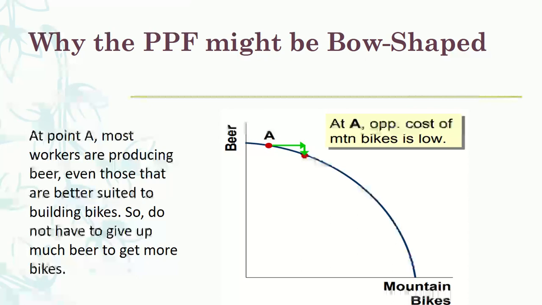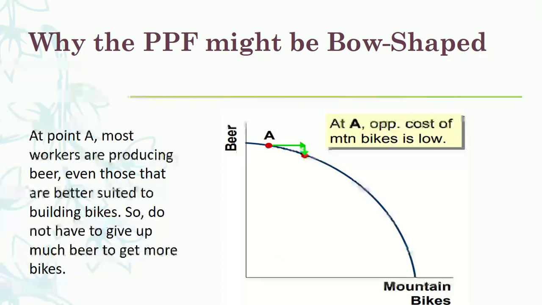At point A, here, most workers are producing beer, so we have more workers producing beer than mountain bikes. You just draw an imaginary line down from this point: that shows how many mountain bikes are produced, and this is how much beer is produced.